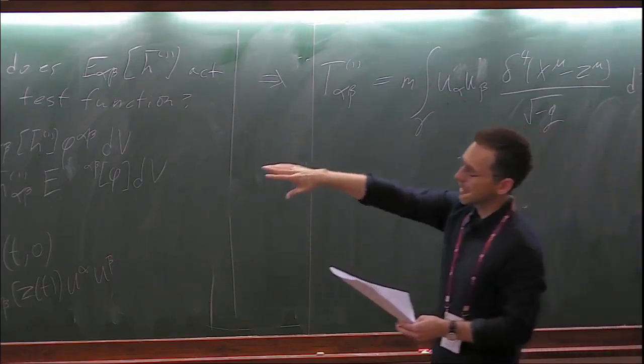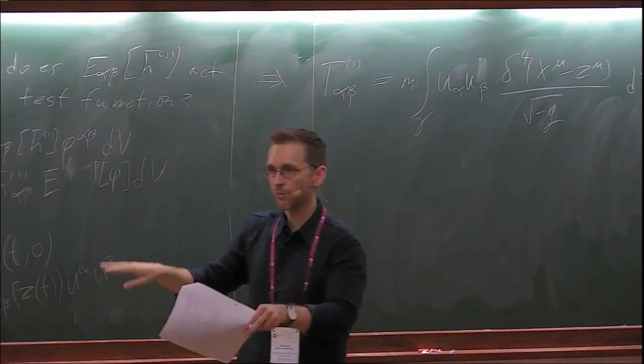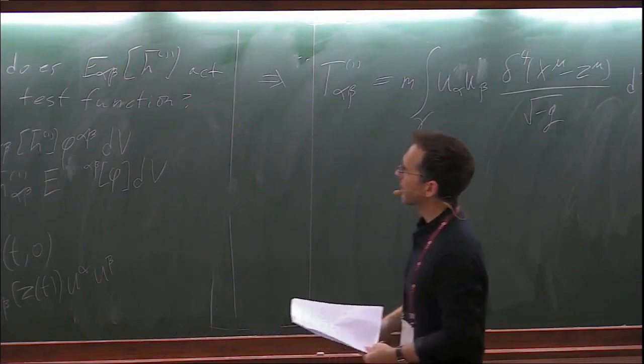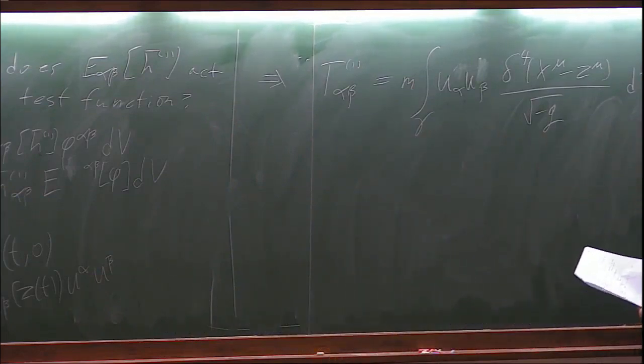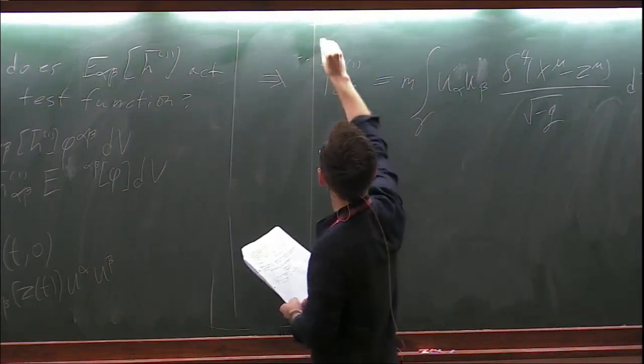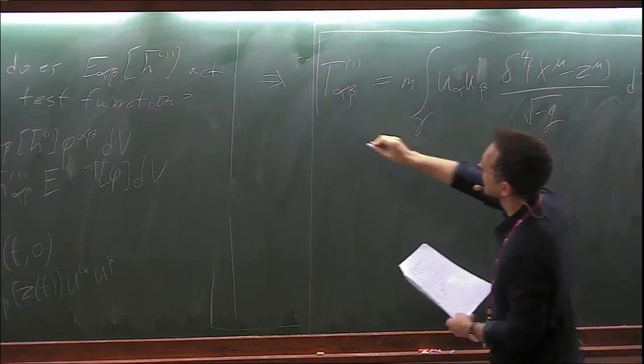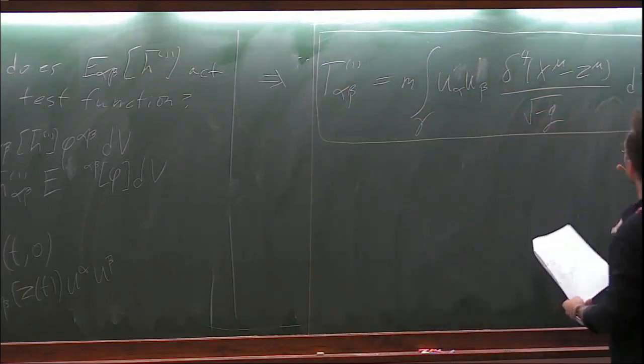So once you've analytically extended h1 down to all points with r greater than 0, the stress energy sourcing it is just exactly the point particle stress energy we assumed we could work with in the earlier lectures.